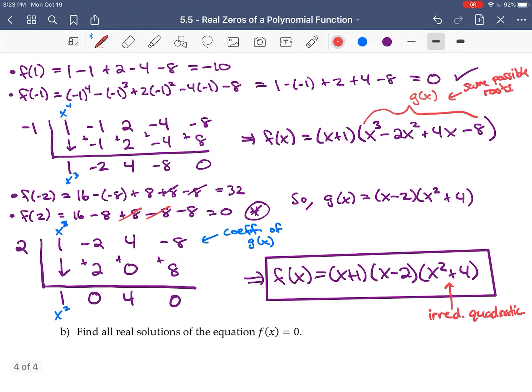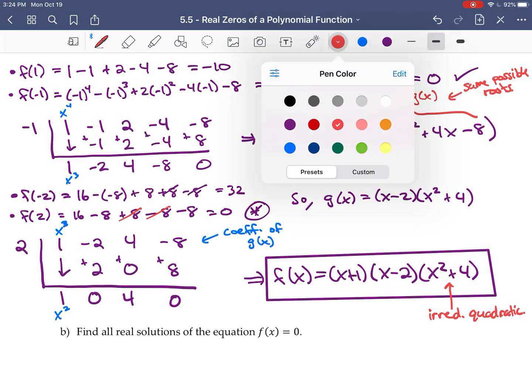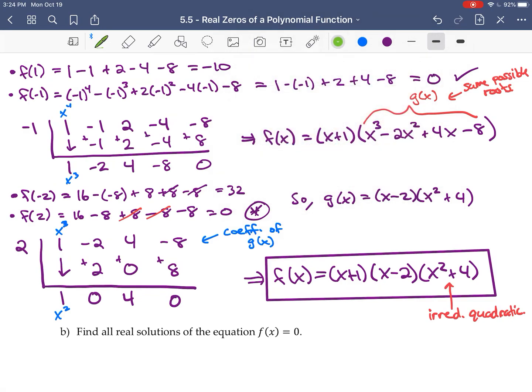Now, it's possible that you could factor a different way. So for g of x, maybe I'll just do this in a different color. I think for g of x we could have actually factored by grouping. So if I take out x squared, then I'm left with x minus 2. And here if I took out 4, I'd be left with x minus 2.